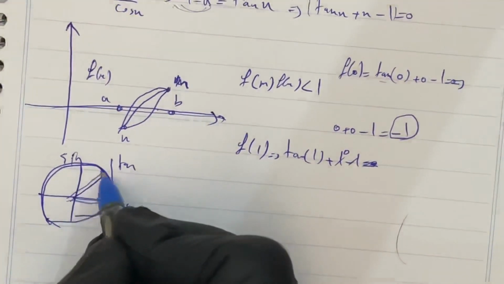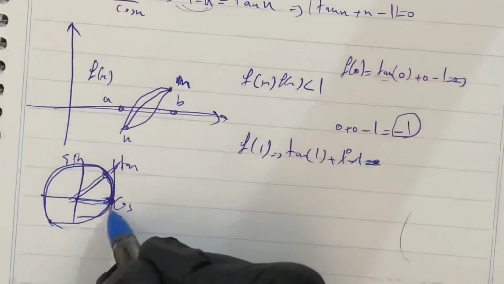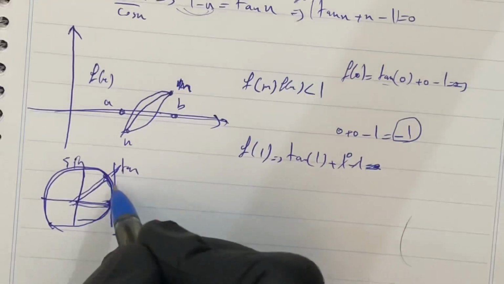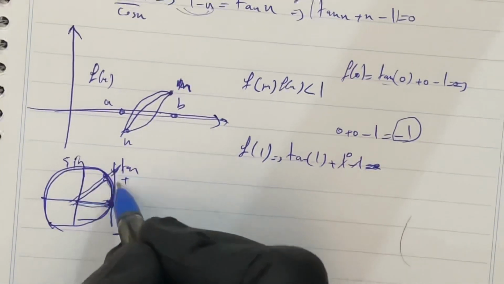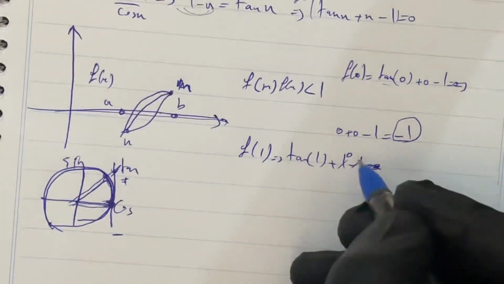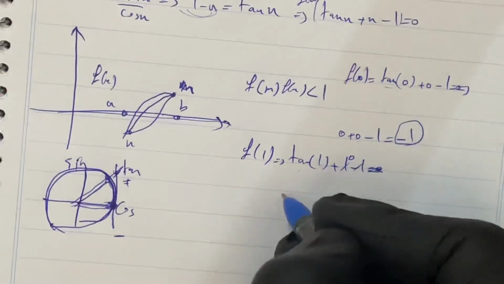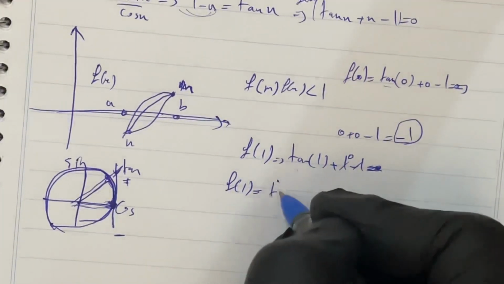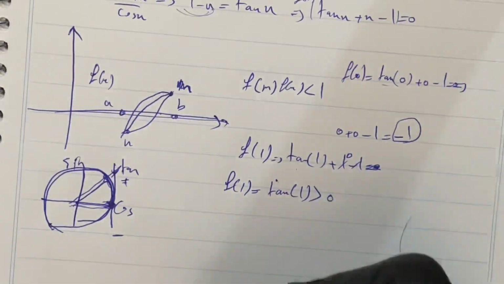The tangent is 0 here. Tangent is negative under the cosine line, and above it is positive. So the tangent of 1 is somewhere like here, and it's positive. So positive plus 0 is positive. So f of 1 is equal to tangent of 1, and it is bigger than 0.